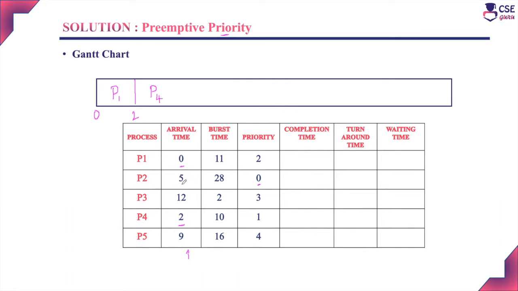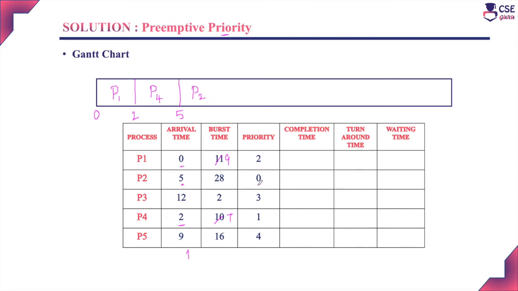By 5 milliseconds, process P2 enters the ready queue and its priority is 0. So P4 executes on the CPU for 3 milliseconds, until 5. Now P4 has completed 3 milliseconds and requires 7 more milliseconds to complete. Similarly, P1 has completed 2 milliseconds and requires 9 more milliseconds. Since P2 has the highest priority, P4 is preempted and P2 is assigned for execution.